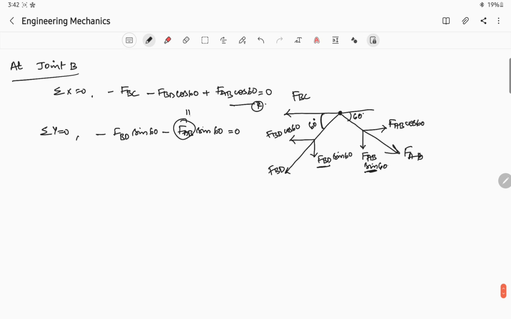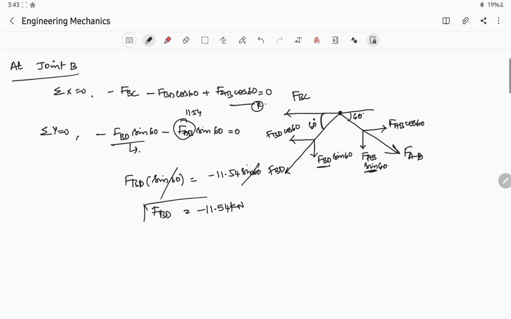So substitute 11.54 here, and send this term towards the right hand side. Force in member BD into sin 60 is equal to minus 11.54 into sin 60. Sin 60 will get cancelled. So force in member BD is equal to minus 11.54 kilonewton. Force in member BD is calculated.